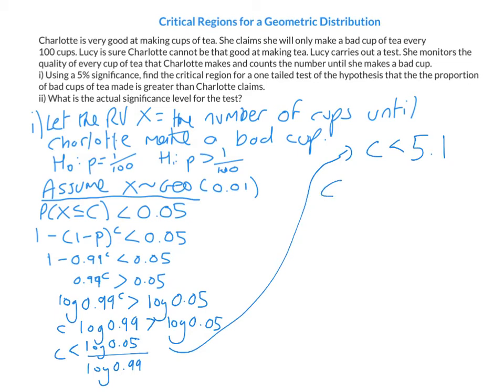So I could say the critical region is less than or equal to 5. So if the first bad cup comes in the first 5 made, then that's sufficient evidence to doubt Charlotte's claim. So that's not really many, is it?